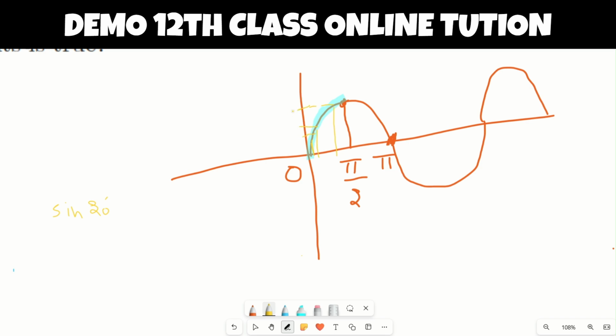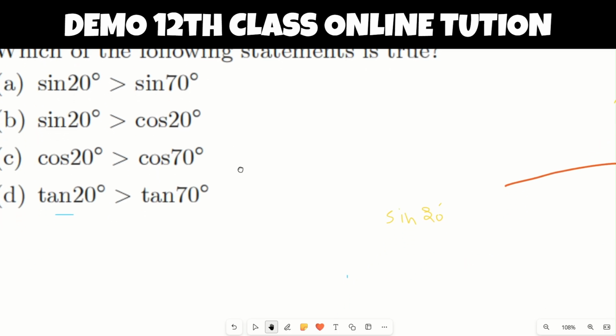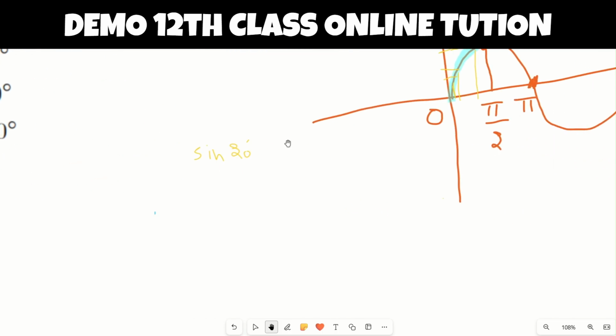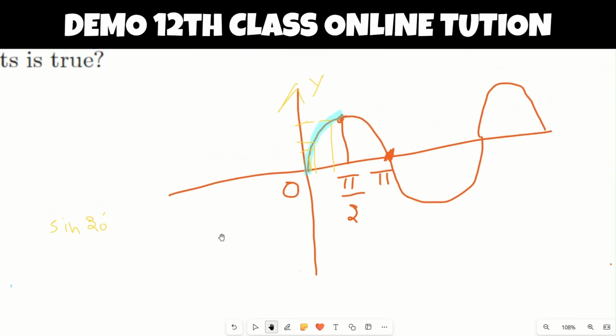If you focus on this y-axis and firstly check what they want. Their claim is sine 20 degree is greater than sine 70 degree. Then I see that sine 20 approximately lies here, and sine 70 is nearly here, but sine 20 cannot be greater than sine 70 degree because it's an increasing function.